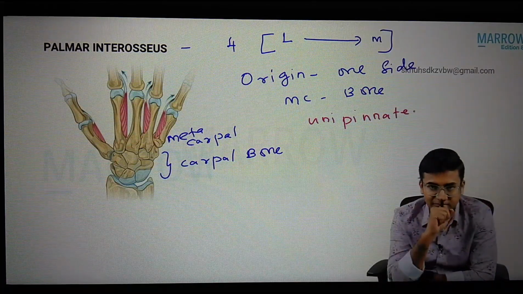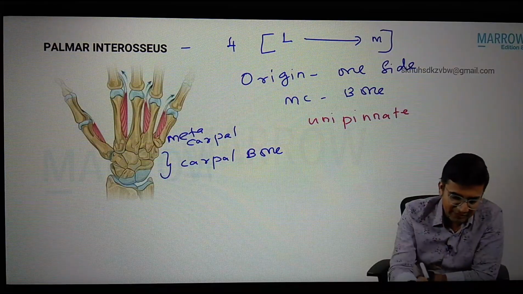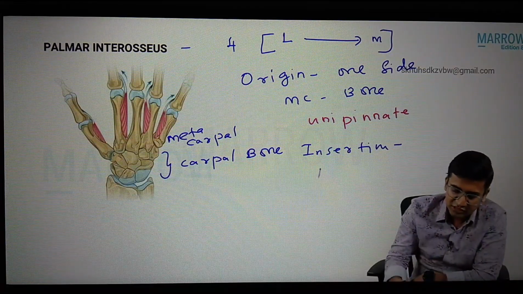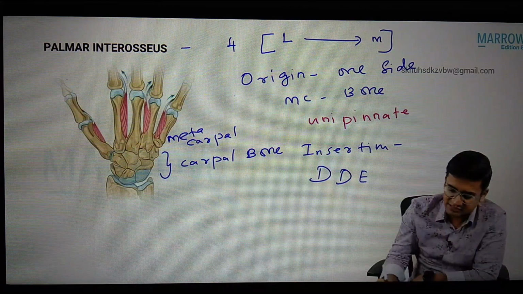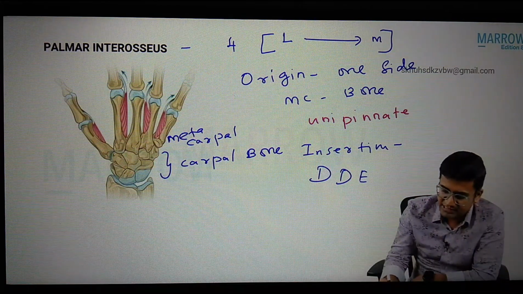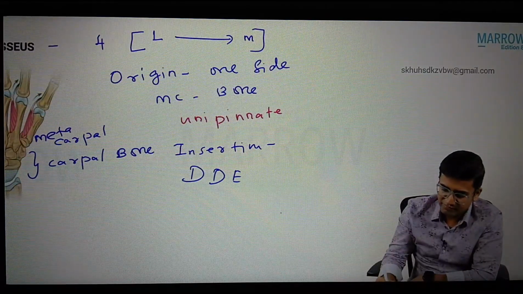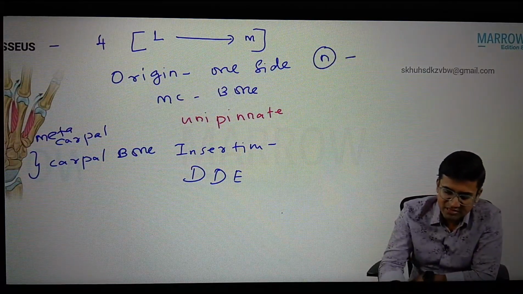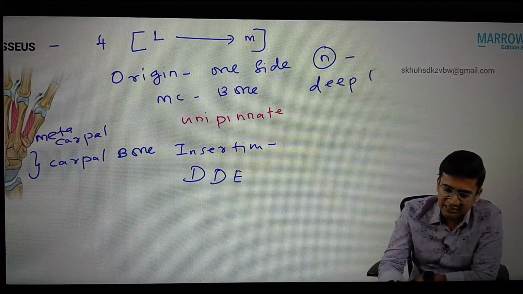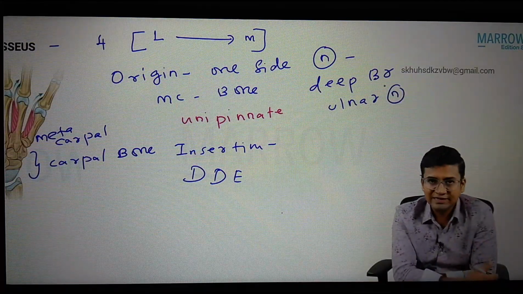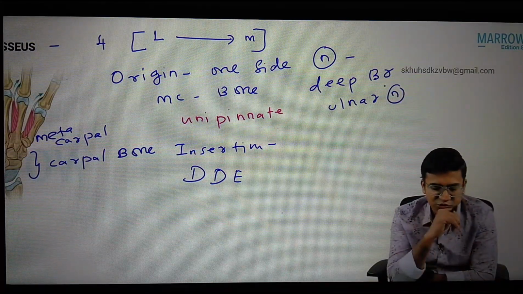Insertion, we know: insertion to dorsal digital expansion. Next, what is the nerve supply? We know all the muscles in the palm are supplied by the deep branch of the ulnar nerve, except the loaf muscle. So nerve supply is also over.